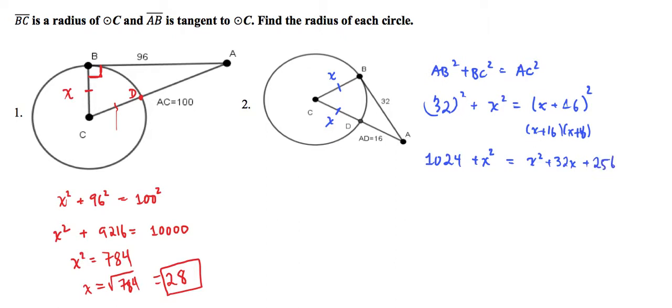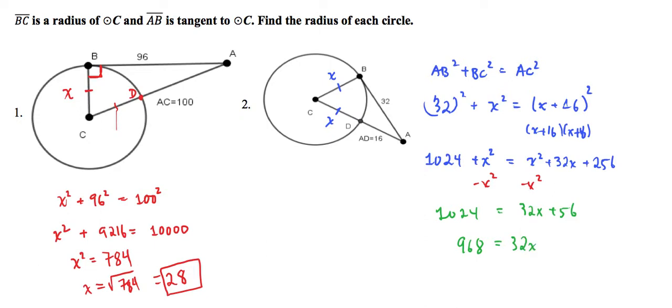Notice here that we could subtract x squared from both sides. And then we will get 1024 is equal to 32x plus 256. Subtract 256 from 1024, and we get 768 is equal to 32x.